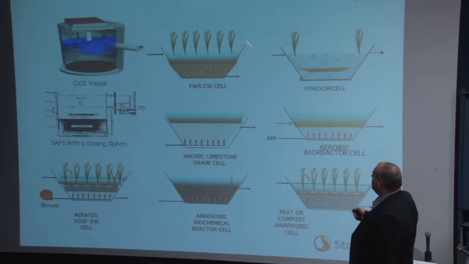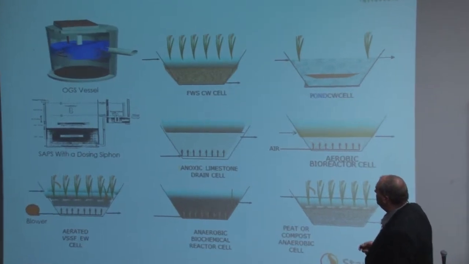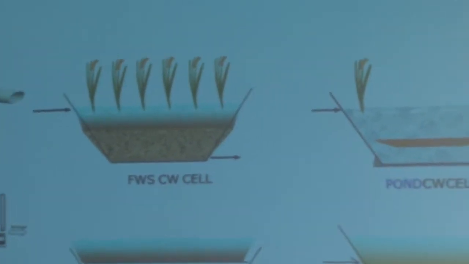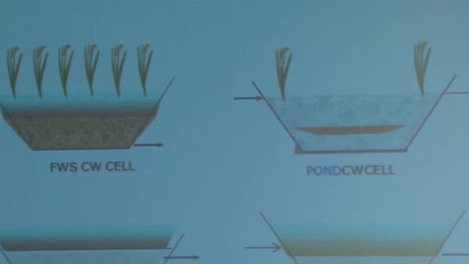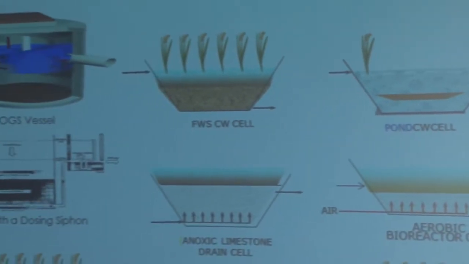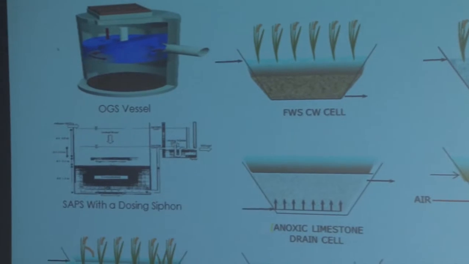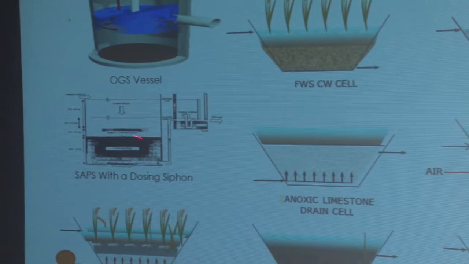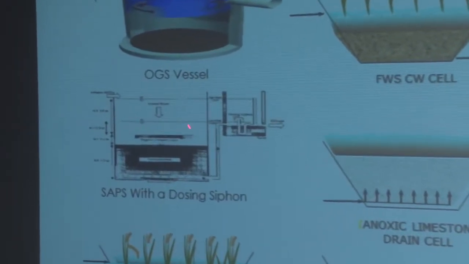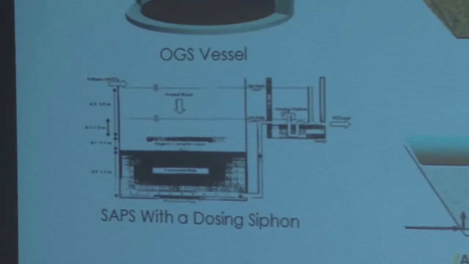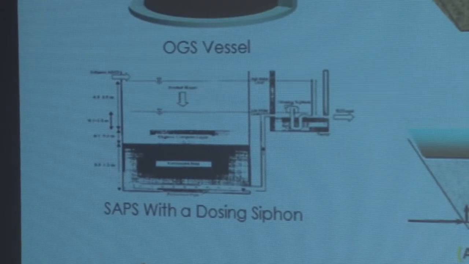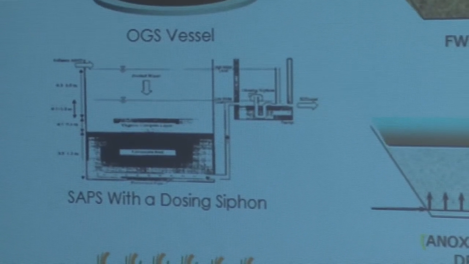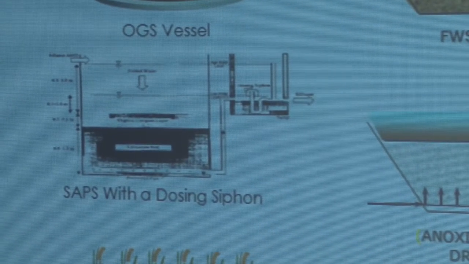This is what a free water constructed wetland cell typically looks like. Pond cell, again, it's an open water feature. We talked about these successive alkalinity producing systems. What these systems do is they deoxygenate the water, so they remove to a very low level the dissolved oxygen. That's typically microbially mediated.